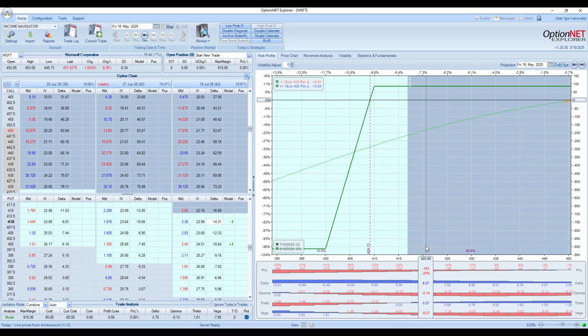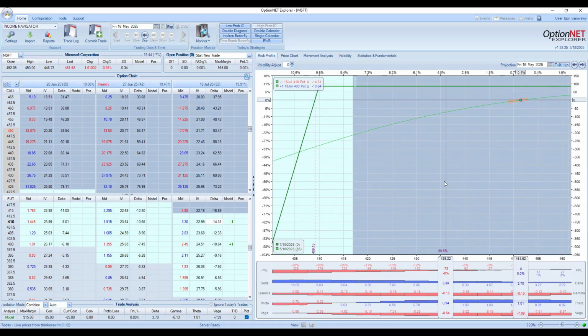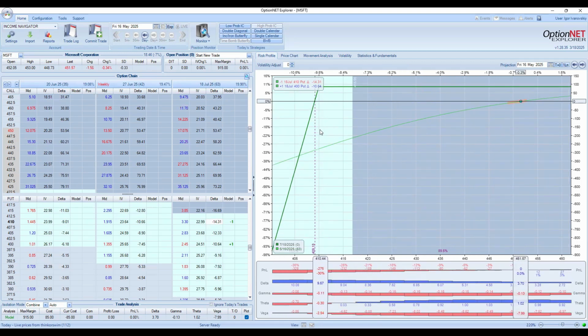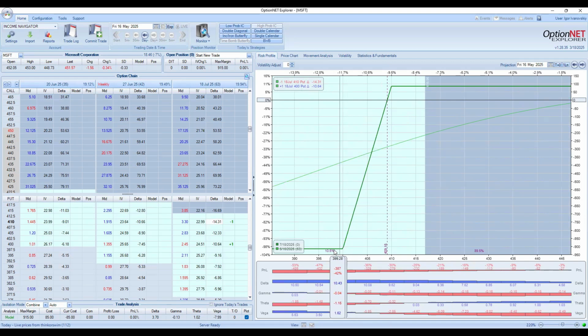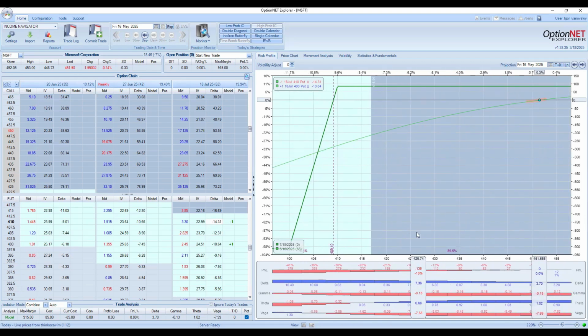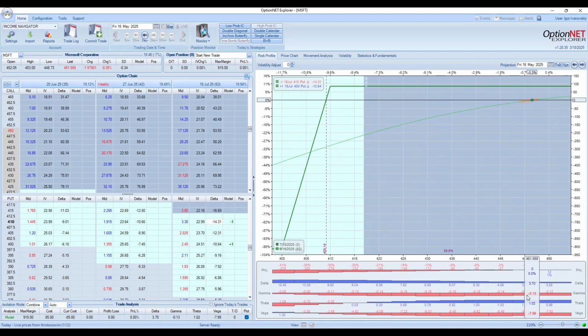So in the next 63 days, as long as Microsoft stays above 410 at expiration, we will make about 9.2% return on the margin that we have to put up to put this trade on. And we have about an 85% probability of making this profit.